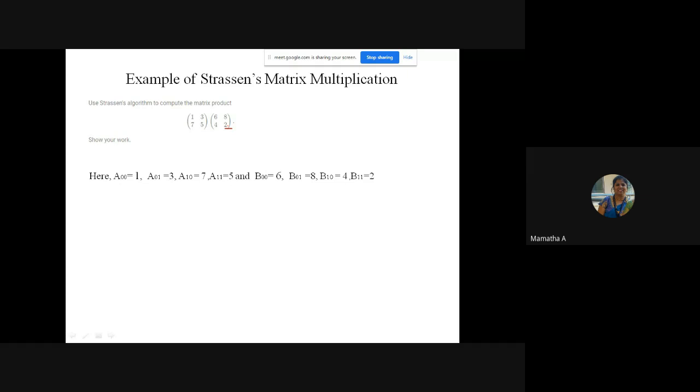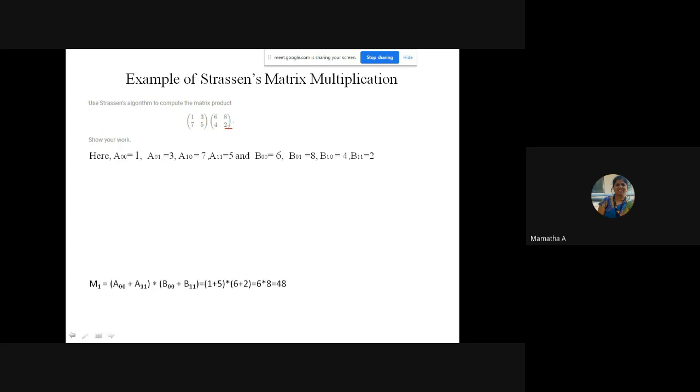Okay, so I will show you one. Similarly, I want the values for M2 to M7. M1 is written as A00 plus A11 into B00 plus B11. That is equal to 1 plus 5 star 6 plus 2, that is 6 into 8, which is 48. This is my M1.